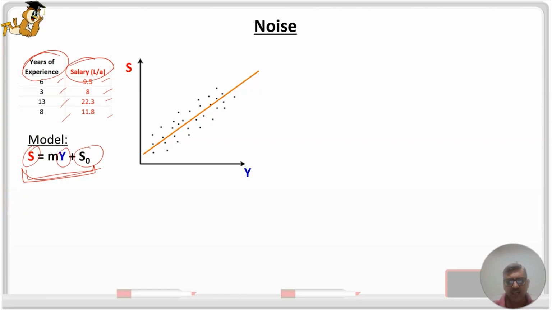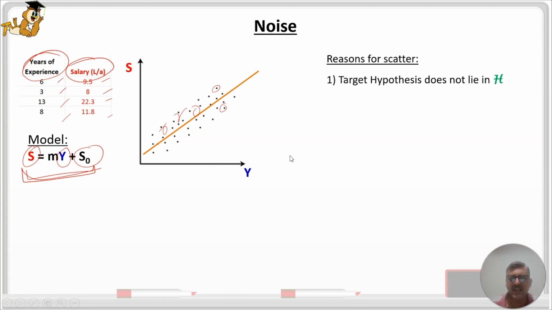Now, at that time, some of you may have asked the question: if we claim this relationship to be linear, why is there so much deviation from the straight line? What is the reason why these points are all over the place? They are broadly linear, but why are they all over the place? Now, there could be several reasons. Reasons for the scatter.